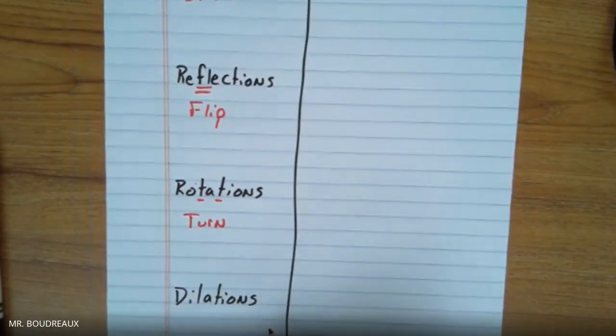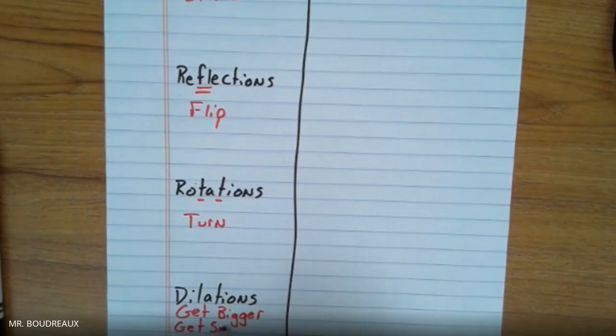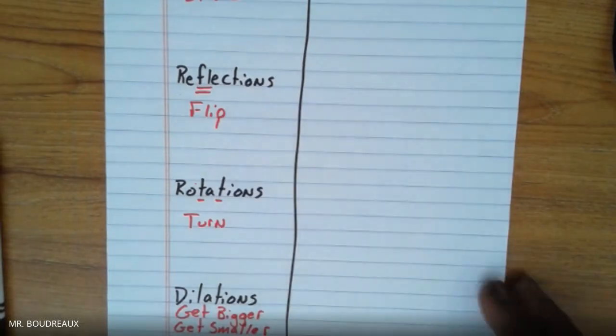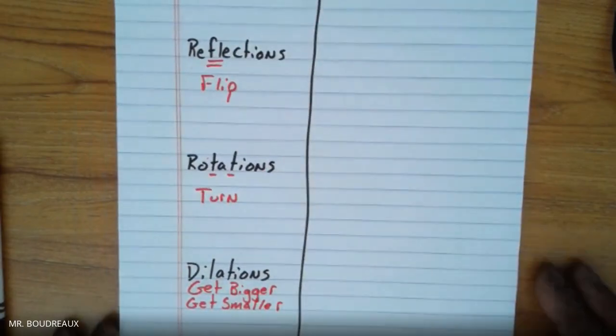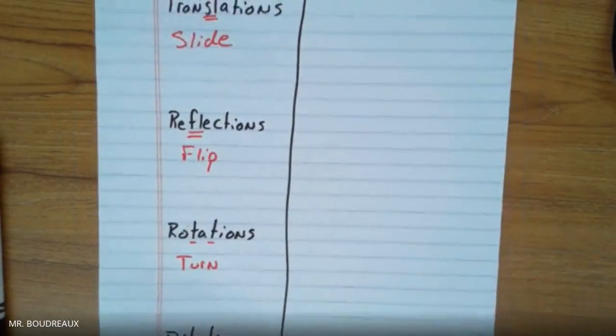And dilations have no letters to emphasize, but what you can remember is just like if you were to wear glasses, that means to get bigger or smaller. People with glasses know what I'm talking about when you go to the eye doctor and they spray that puffy stuff in your eyes. People who wear glasses, you know what I'm talking about.